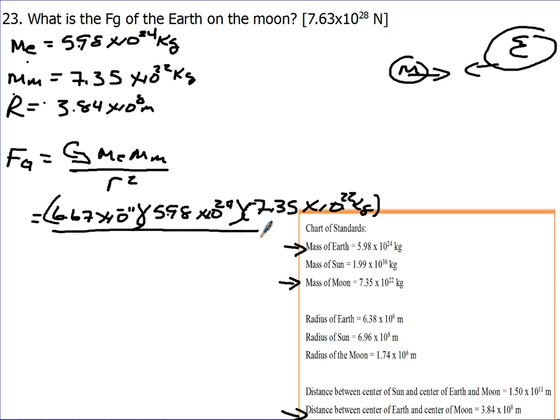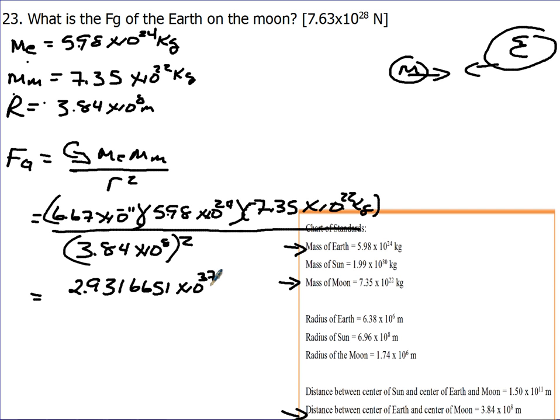This whole big ugly thing is going to be divided by the radius squared, so 3.84 times 10 to the 8th squared. So let's multiply straight across. 6.67 times 10 to the negative 11 times 5.98 times 10 to the 24th times 7.35 times 10 to the 22. Oh my gosh, this is 2.931661 times 10 to the 37th.